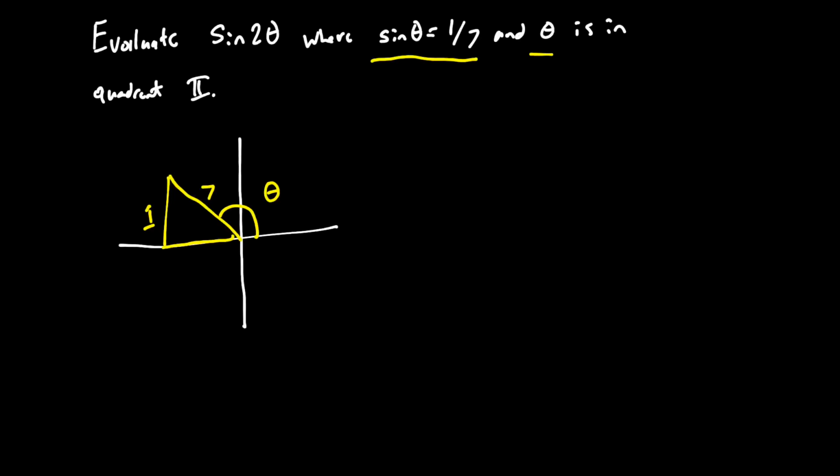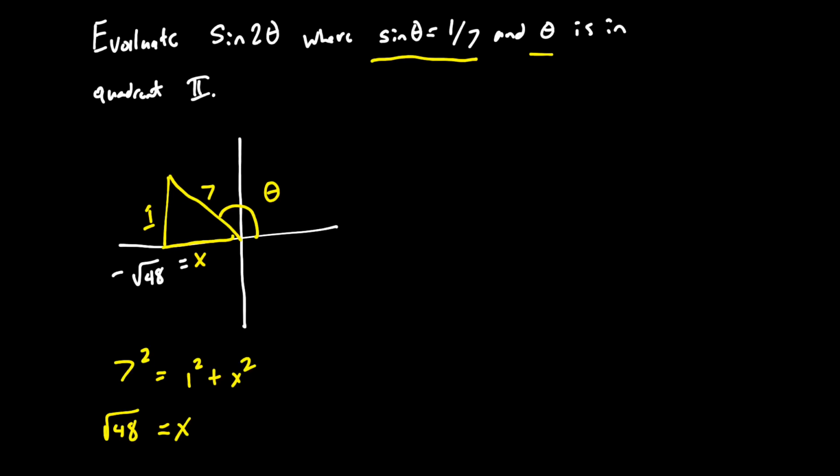Now let's go ahead and find the remaining unknown side using the Pythagorean theorem. So we'll get 7 squared is equal to 1 squared plus, we'll call this side x, x squared. Solving for x, we'll get that x is equal to the square root of 48. Now, the only thing that we need to realize is that this x is going to be negative, so this is going to be the negative square root of 48, since our x is in the negative direction.